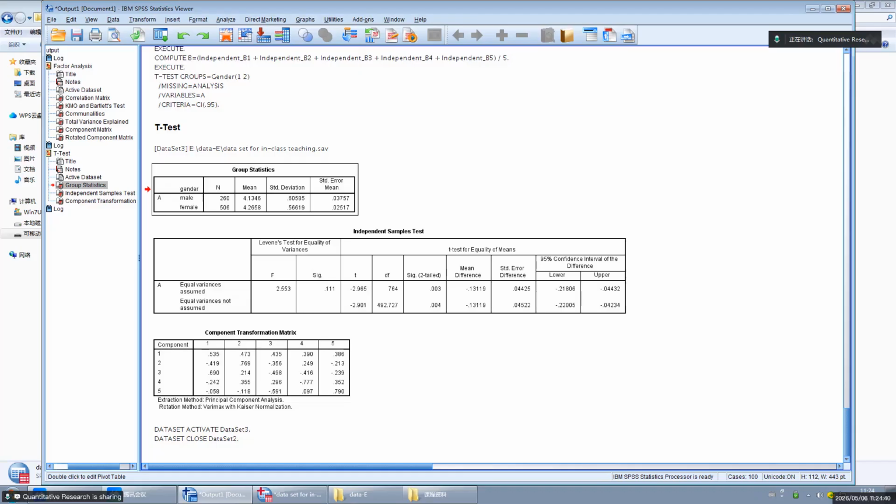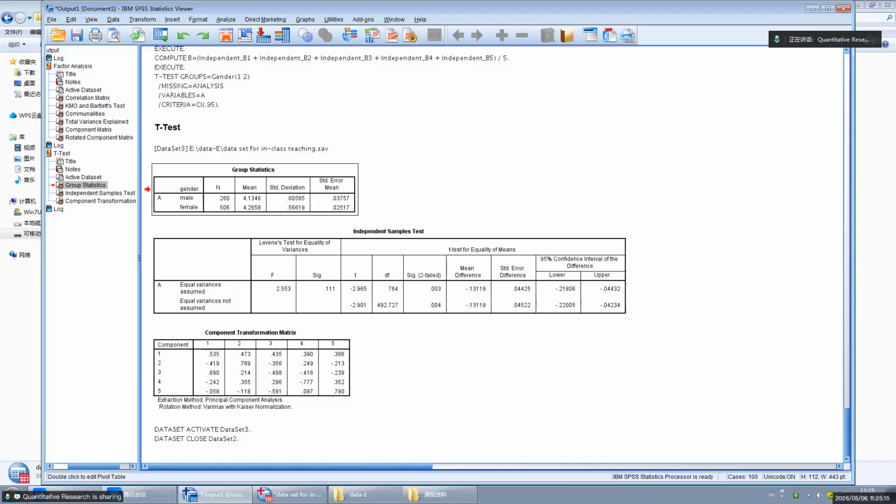So it's very simple. Let me make a summary of how you report the findings of an independent t-test. We just say: independent t-test indicates that there is a significant gender difference, followed by a bracket.